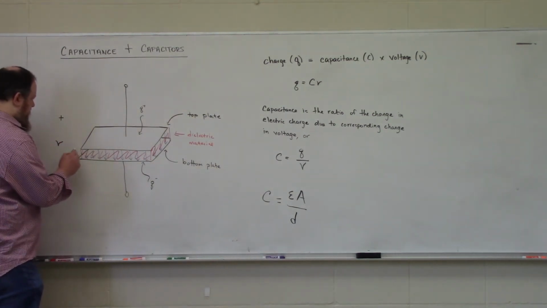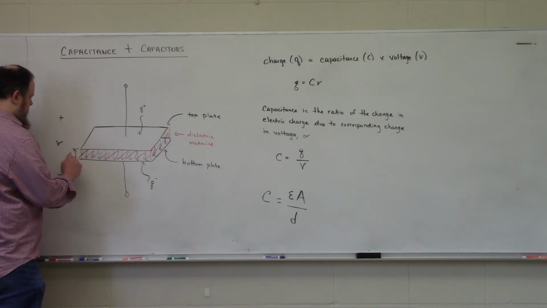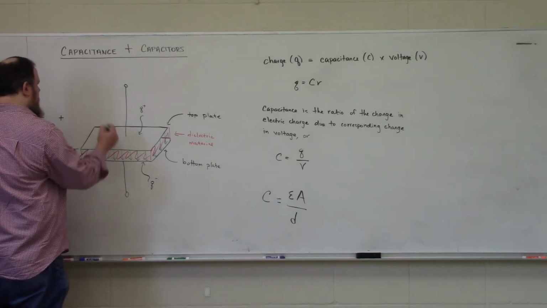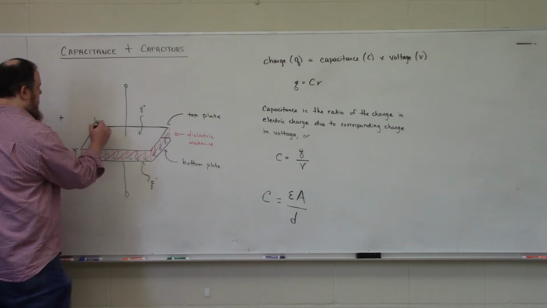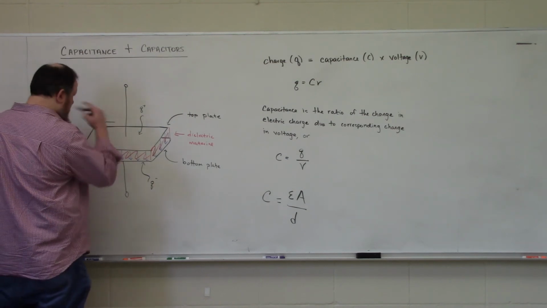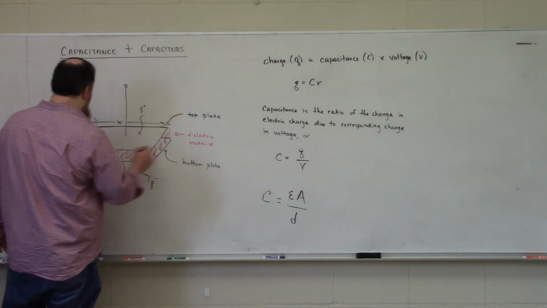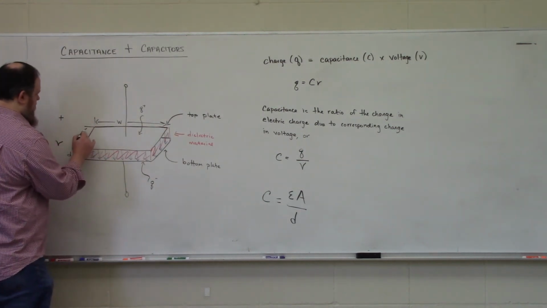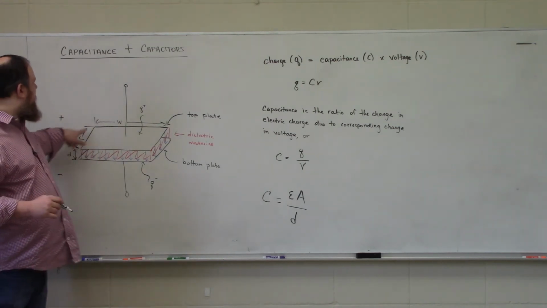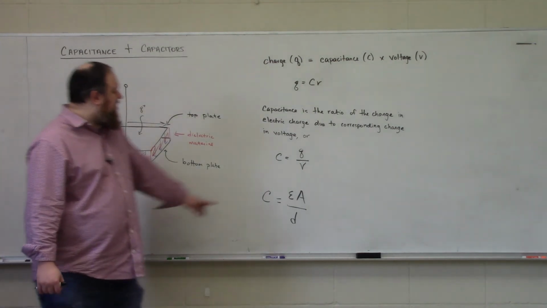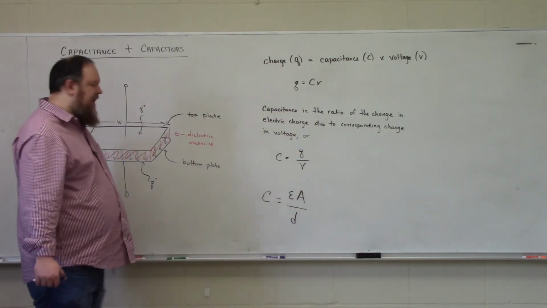So let me explicitly draw out these dimensions. Here is our distance. This guy has a particular width and a particular length. And this length times this width gives us this area A.